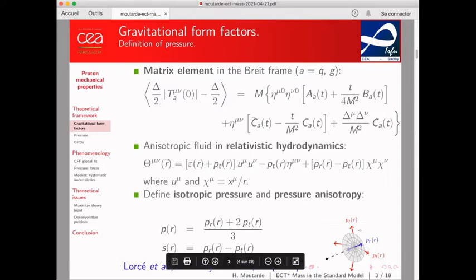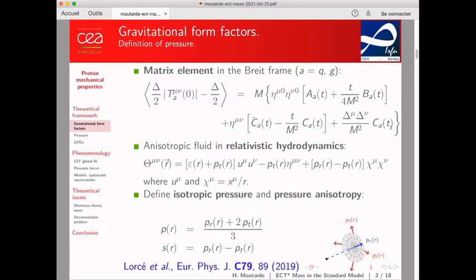So basically here you see on this cartoon a definition of tangential pressure and radial pressure. And from this, we can define isotropic pressure as this weighted sum of tangential and radial pressure, and we can define the pressure anisotropy as the difference of these two quantities.